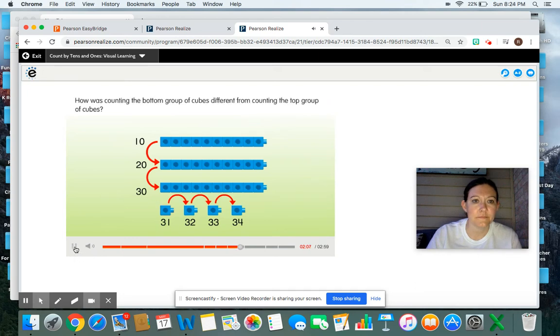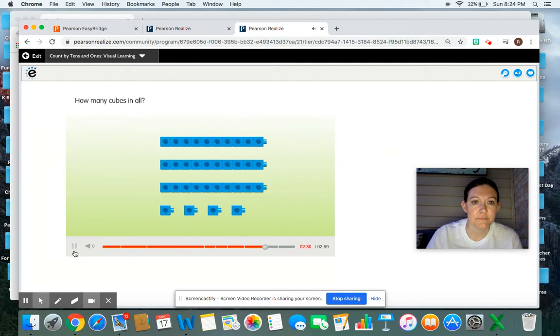How was counting the bottom group of cubes different from counting the top group of cubes? One possible answer is it was faster. Why is grouping and counting by tens a faster way to count? One possible answer is there are fewer groups to count. How many cubes in all?